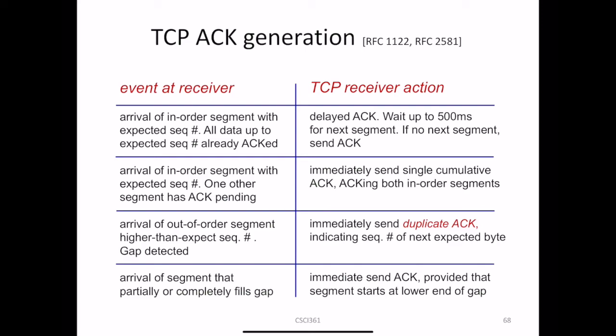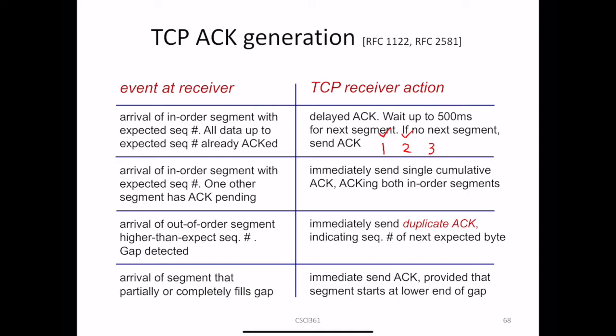Okay, for this event and action pair, suppose on the receiver side, packet 1 and packet 2 have been received successfully, and the ACK has already been sent back to the sender side. Then packet 3, or segment 3, is received by the receiver.